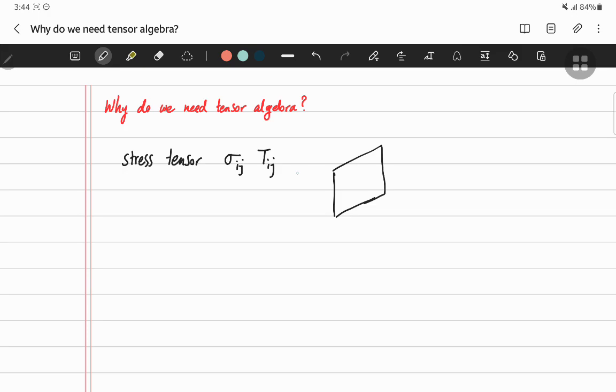For example, if you remember from your mechanics of materials course, if you have here the x, y, and this is the z coordinate system, you know that in sigma xx, the first index is the normal to this plane over here, and the second index shows the direction of the applied stress.